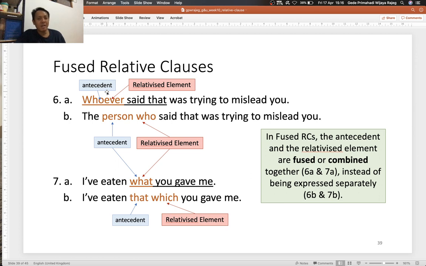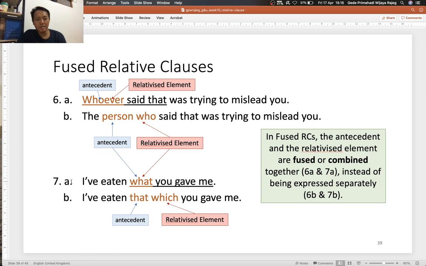But the B sentences are the normal, standard relative clauses, where the antecedent and the relativized element are expressed separately. The B version of 6a would be "The person who said that was trying to mislead you," whereas 6a is "Whoever said that was trying to mislead you." So the combination of "the person" as well as "who."